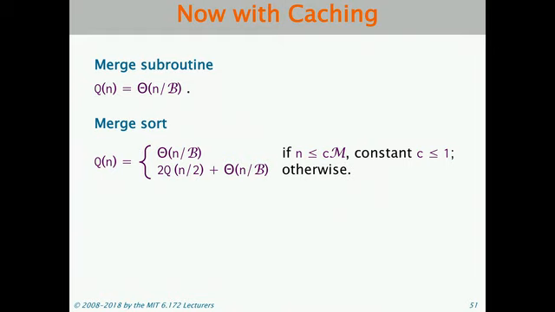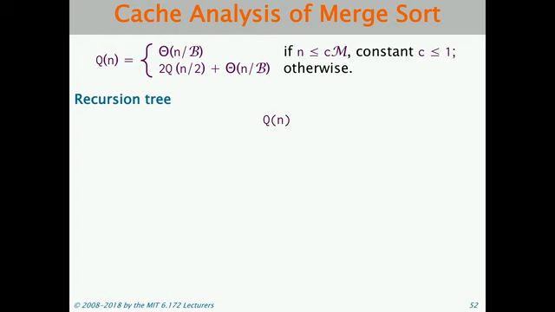Here my base case is larger than what I did for the work. The algorithm actually is still recursing down to a constant size base case, but just for analysis, I'm stopping the recursion when n is less than or equal to cm. So let's analyze this. Again, I'm going to have a problem of size n at the beginning, and then I'm going to split into two problems of size n over 2.